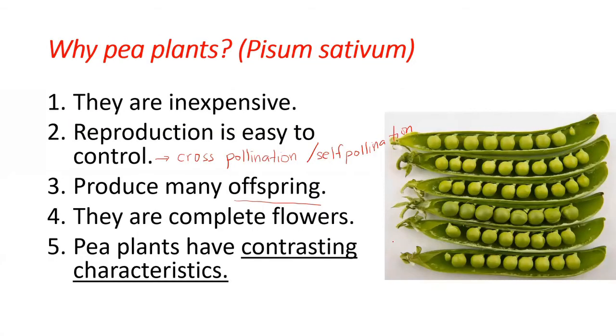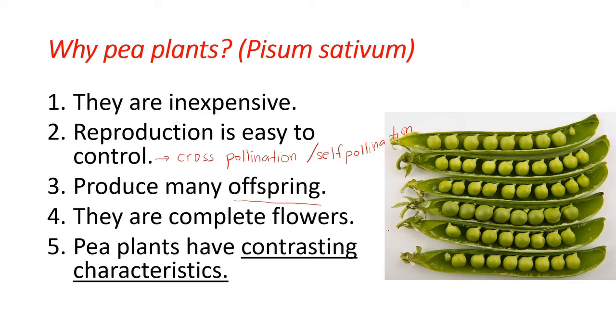Going back, your pea plants have contrasting characteristics. Contrasting means opposite traits or opposite characteristics. For example, tall and short, white and black, beautiful and ugly.